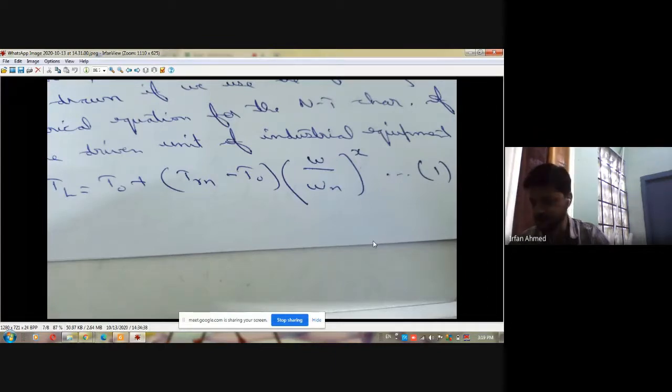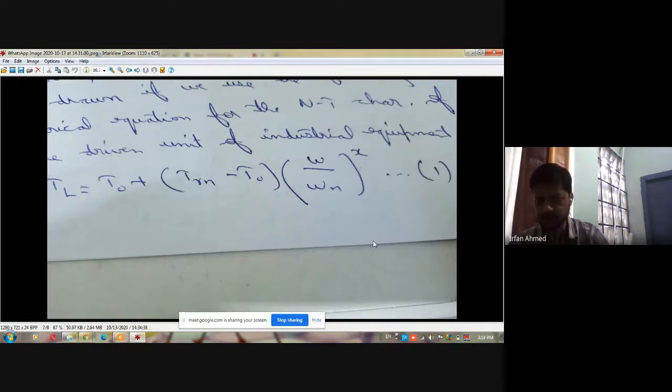TRN is the resisting torque developed by the unit when it is driven at its nominal rated speed omega n.